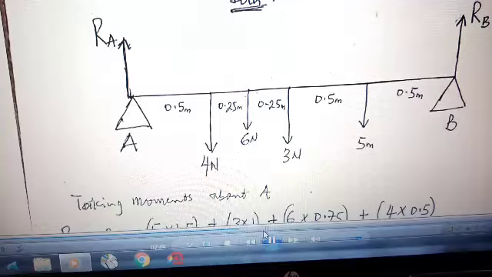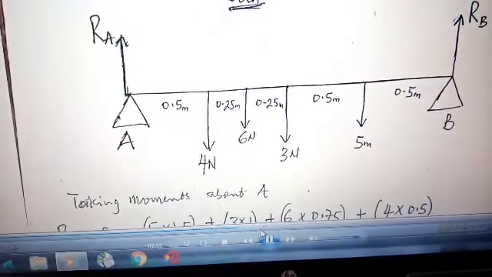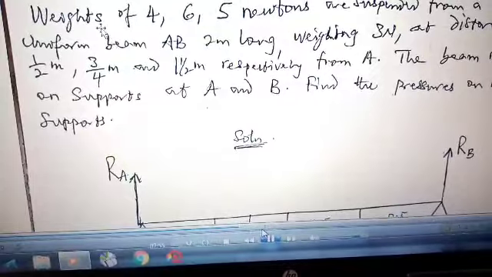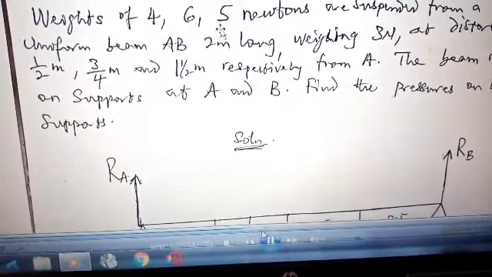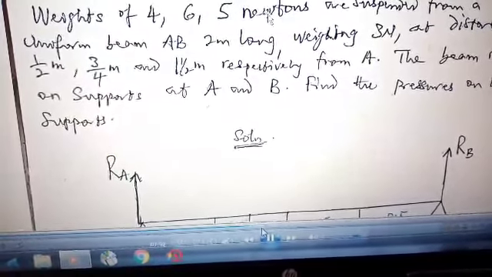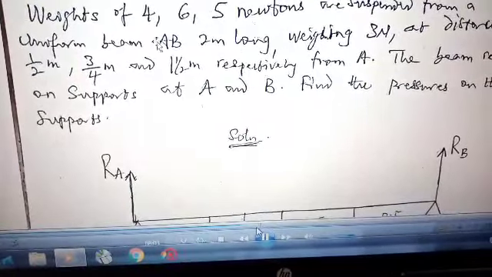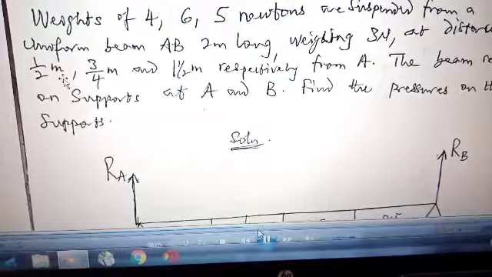Now let's go back to the question. I told you it is very, very important you sketch the diagram. We are told that weights of 4 newtons, 6 newtons, 5 newtons are suspended from a uniform beam AB 2 meters long at these distances, half meter.